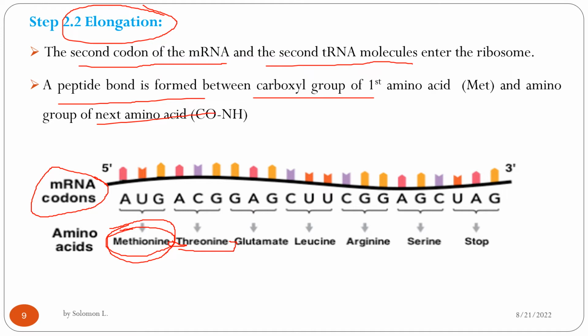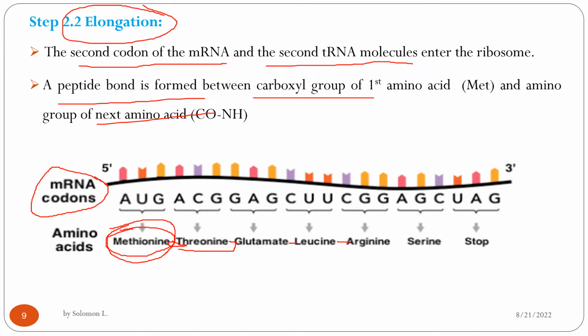The fourth transfer RNA brings leucine, which is coded by cytosine, uracil, and there is a peptide bond between glutamate and leucine. And the next transfer RNA brings arginine, which is coded by cytosine, guanine, and there is a peptide bond between leucine and arginine.